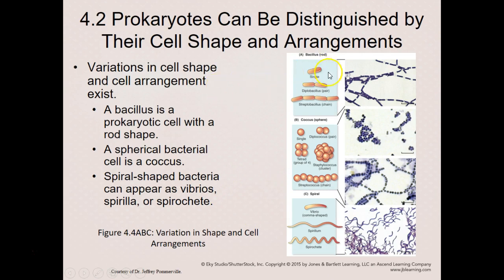If we have a bacillus-shaped organism, they can be attached together. So they're growing, and when they replicate, they stick together. And this forms a streptobacillus. There's a diplobacillus. We can also see that in our coccus-shaped organisms. Here's a diplococcus, here's a streptococcus.